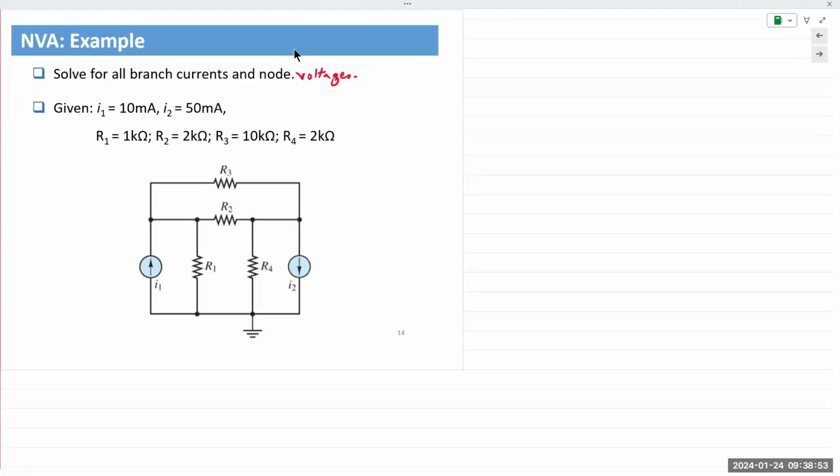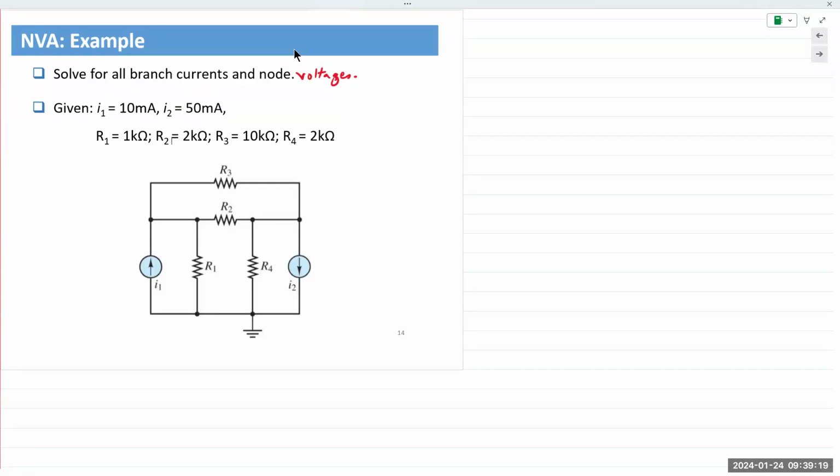What do we see right at the beginning with regards to the resistors? What jumps out? Anything? R2 and R3, they are in parallel.